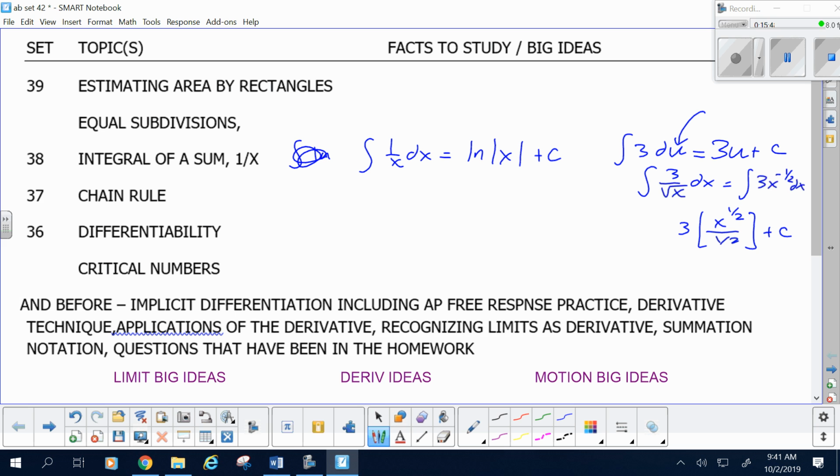All right. The chain rule, when do you use it? When you have a function within a function, I beg you, read carefully for parentheses. I will give you an example.